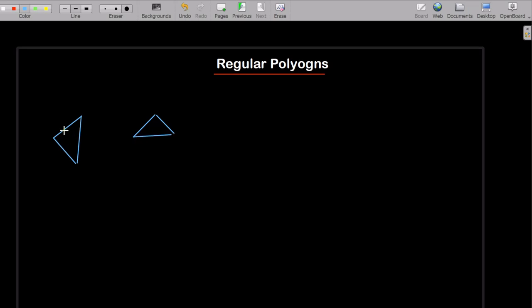See, in the first one, all the sides are not equal, right? Actually, let me draw a very weird triangle. See, would you say all the sides are equal in this triangle?